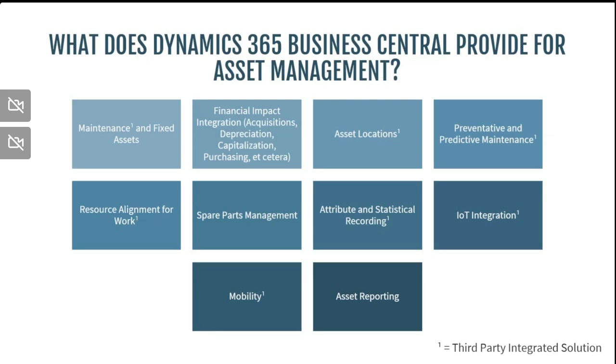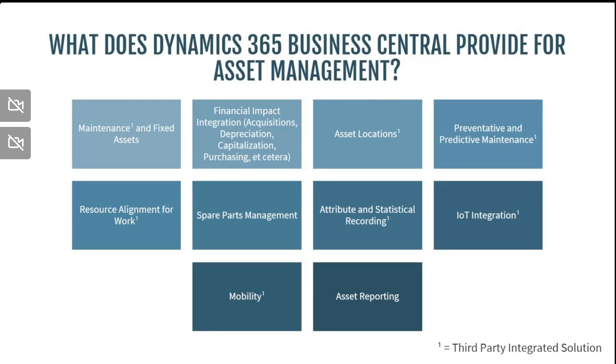So if you compare this slide to the F&O slide, we pretty much have all the same base capabilities from a BC perspective. We have fixed asset and maintenance asset capabilities, where fixed assets handle depreciation, acquisition, capitalization and purchasing.